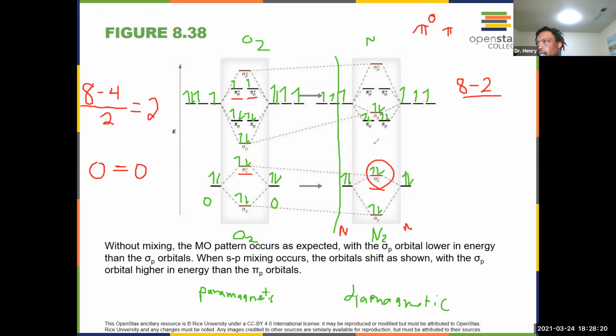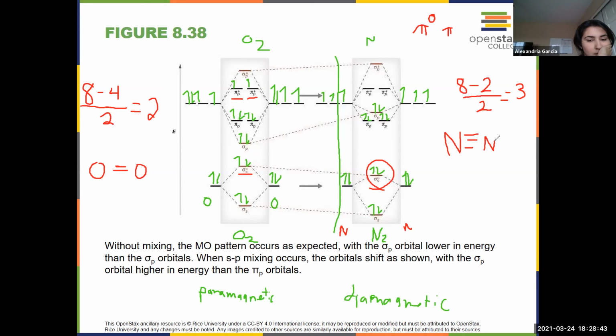All of these are bonding. So that's 2, 4, 6, 8 bonding minus 2 anti-bonding. We divide that by 2, 3. So that means that we are going to form a triple bond. Do you guys get that? Yeah. Okay, so before we go, we're almost done here.